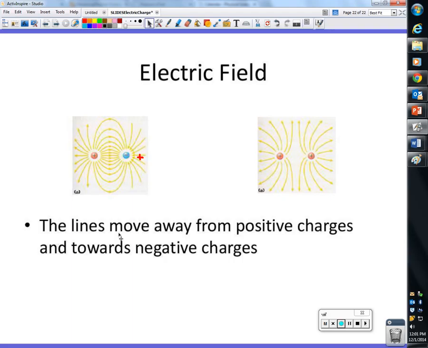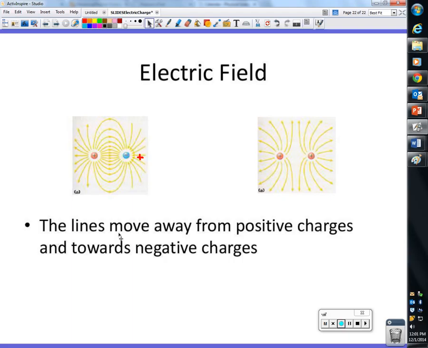But if we have something like this, notice all of the arrows are pointing away because regardless of where we put a positive charge in this picture, it's always going to be repelled, because the only thing in that picture are all other positive charges. Does that make sense?